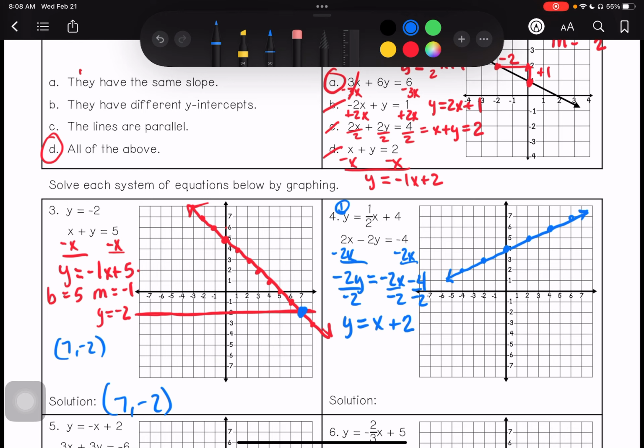And for my second equation, my b is 2 and my slope is 1. So y-intercept of 2, slope of 1, I'm going to rise 1 to the right 1, and draw your line.